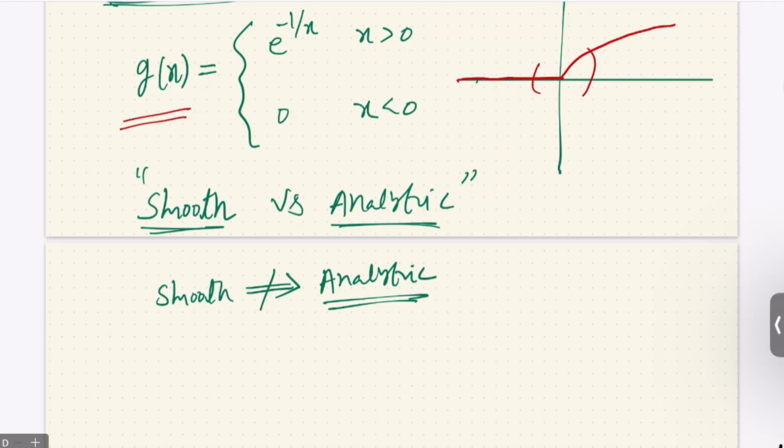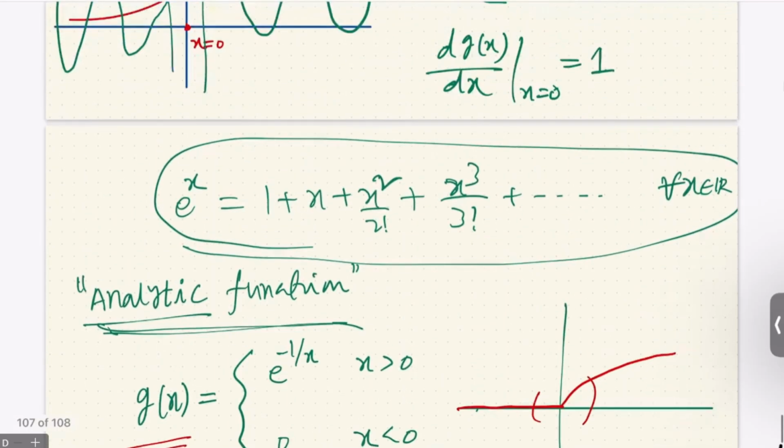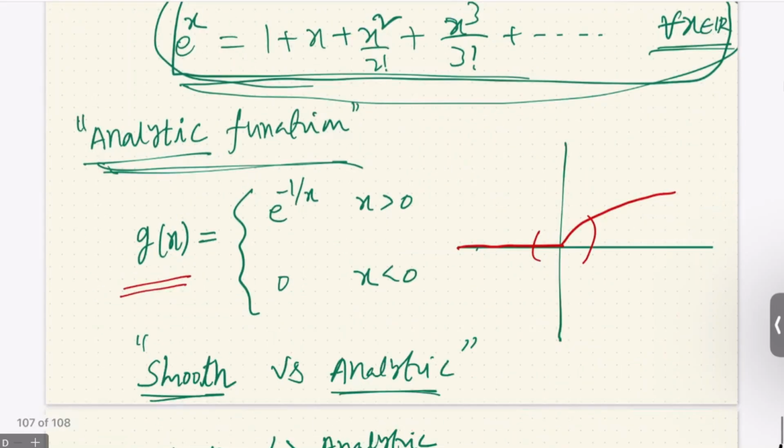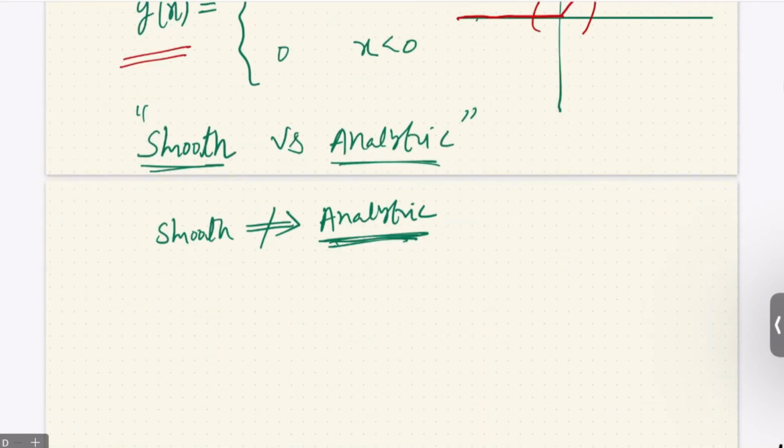What are analytic? Analytic are the Taylor expansions, and the Taylor expansions match the original function everywhere, for all x belonging to R, not locally. Understand? The Taylor expansion T of x equals f of x for all x belonging to the real numbers. Then we say those are analytic functions.